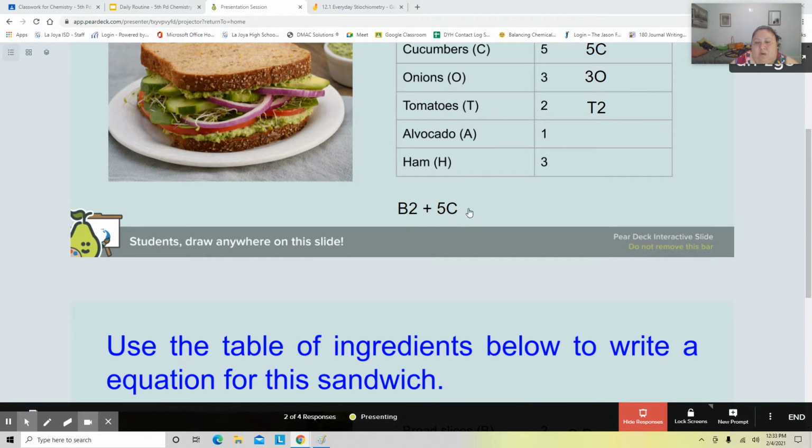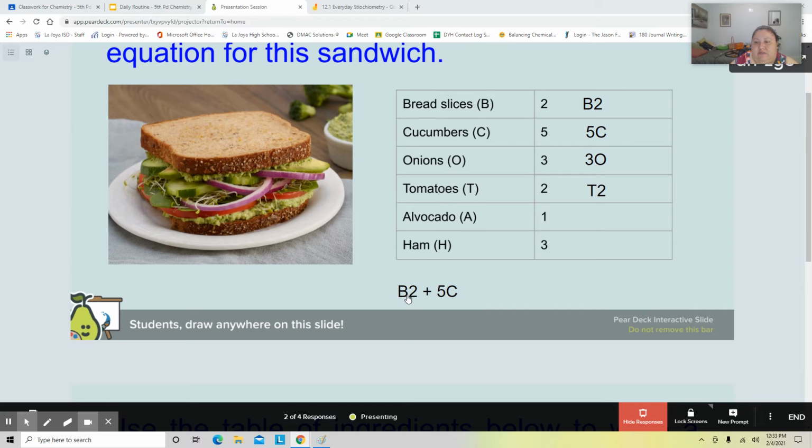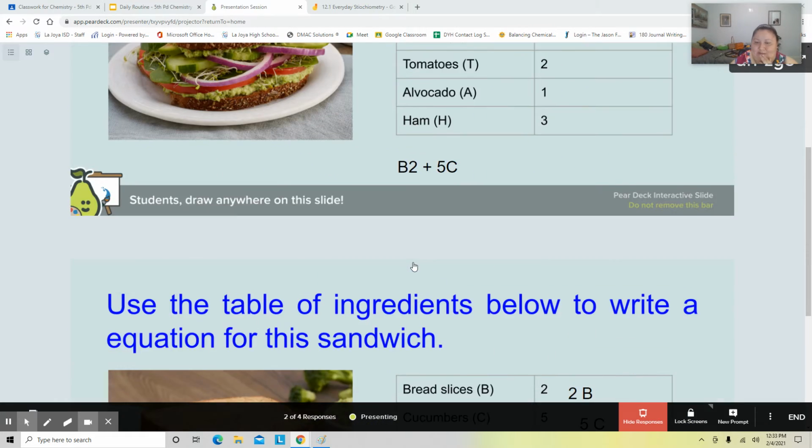Very good. This is what I want. I want it to look in the form of an equation. But don't forget, the coefficient for the bread should be in front, not behind. Very good.